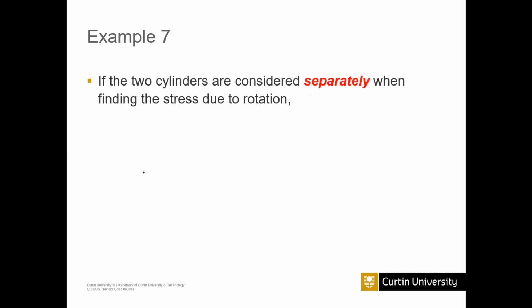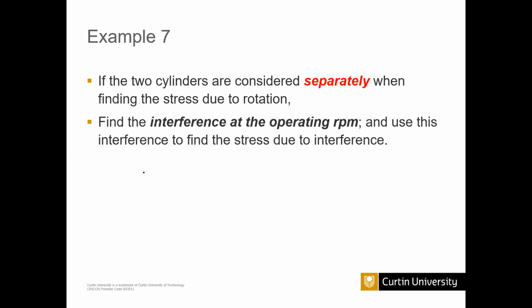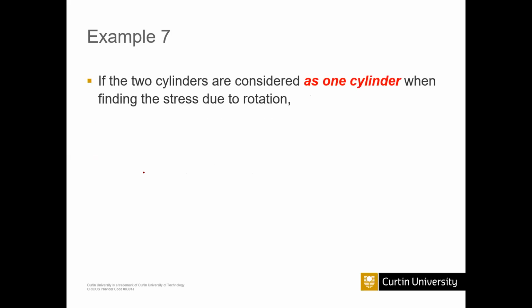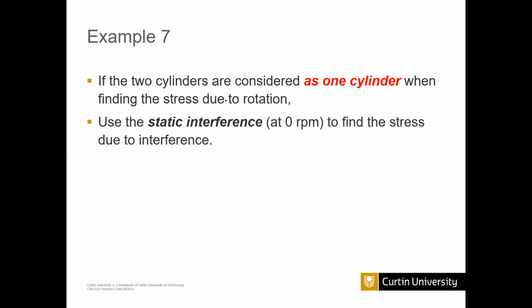If two cylinders are considered separately, when finding the stress due to rotation, find the interference at the operating RPM and use this interference to find the stress due to interference. If the two cylinders are considered as one cylinder, then find the stress due to rotation and use the static interference at 0 RPM to find the stress due to interference.